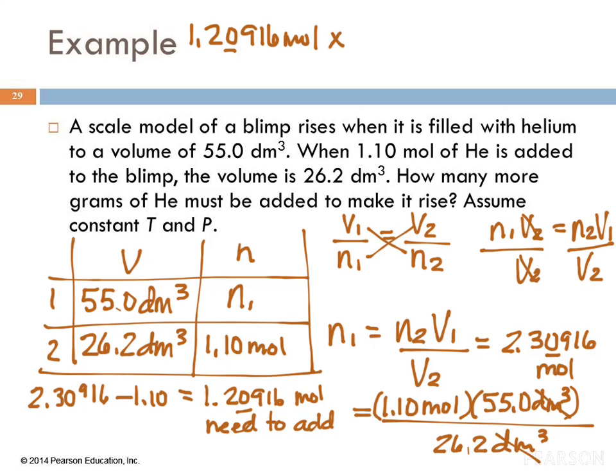That's helium. So it's 4.003 grams per mole. So we take that number, which is still in my calculator, well, kind of, times 4.003 equals 4. Now I'm going to round to 3 sig figs, 4.84 grams of helium.